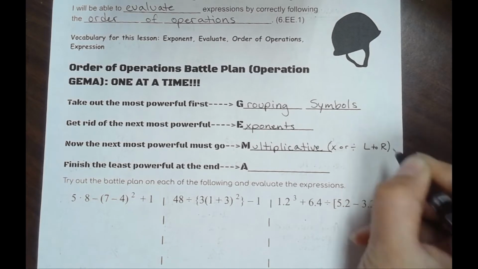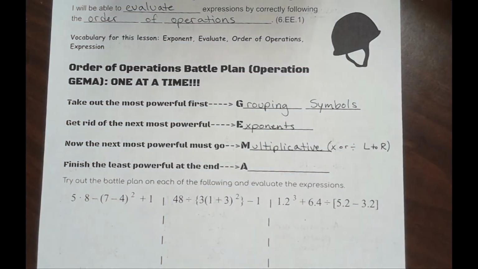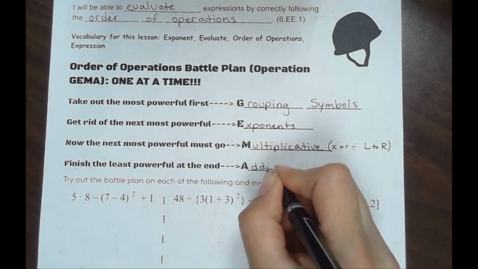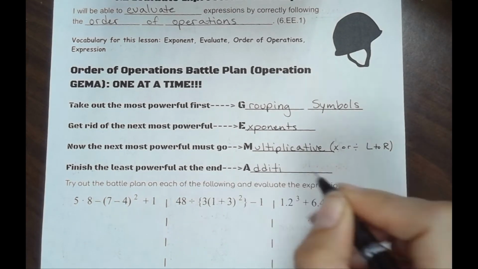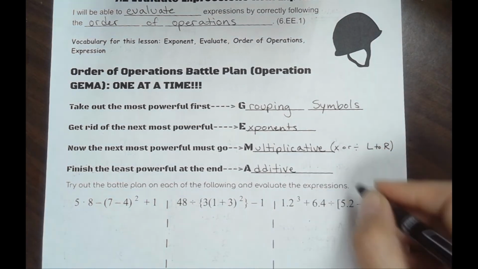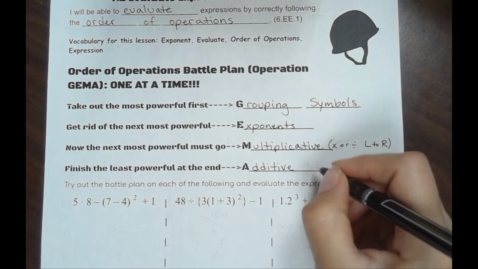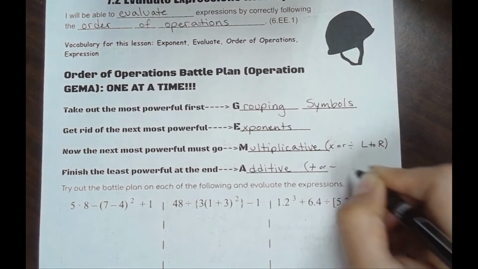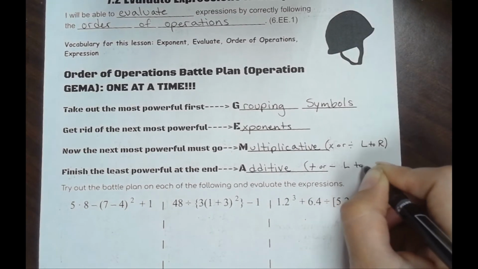It's whoever comes first. Okay, and then we finish with the least powerful at the end, which would be our additive. These don't do much in terms of changing the numbers fast. So these are the least powerful, the additive ones, which means adding or subtracting, but whatever comes left to right.